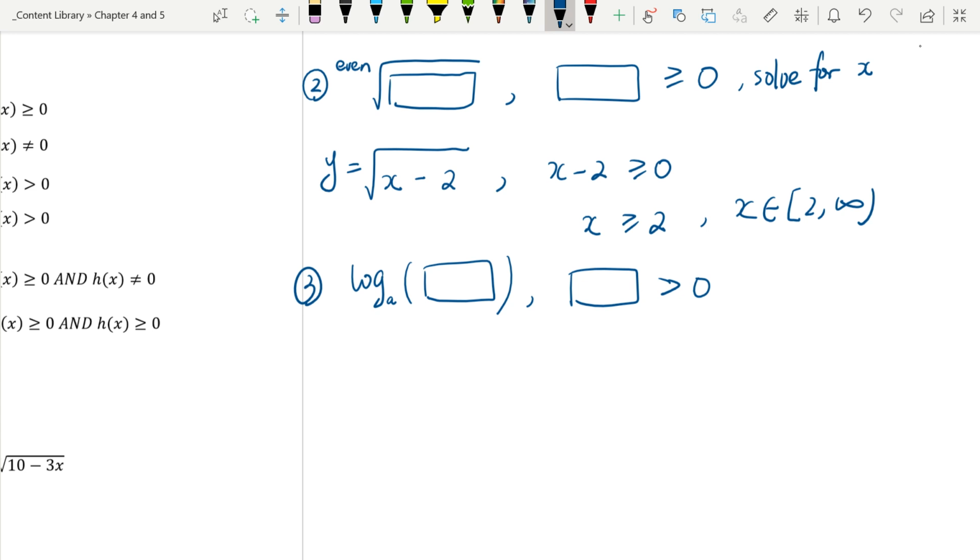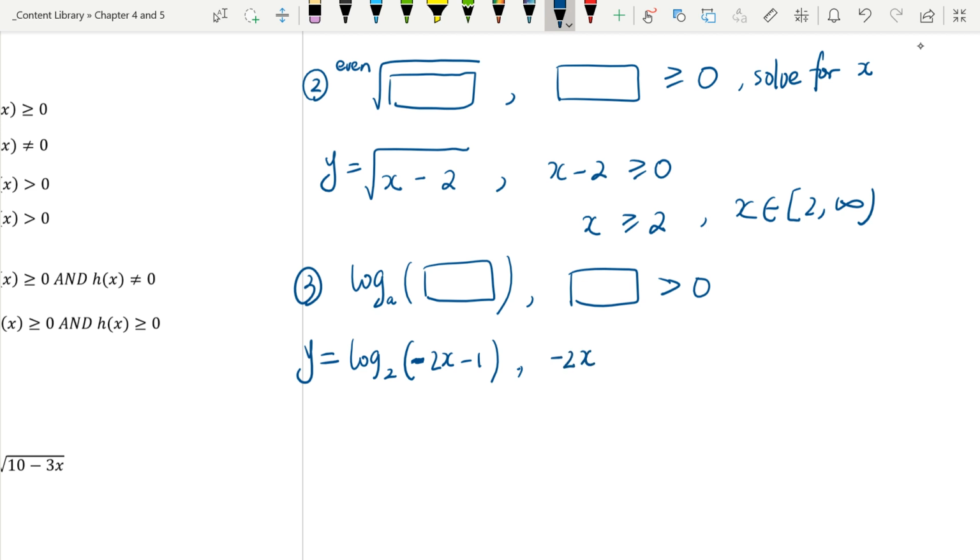So for example, if I have y equals log 2 of minus 2x minus 1, I want to solve the domain for this one. The bracket can only be positive.